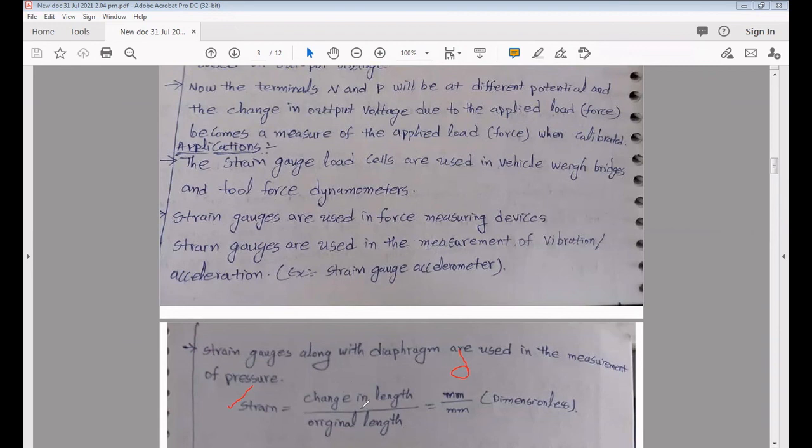The change in length applies whenever we apply stress on that particular material; at that time only the length of the material changes. These two, the change in length and the original length, in a ratio indicate the dimensions of the material. That indicates the strain. So this is the strain gauge load cell analysis.